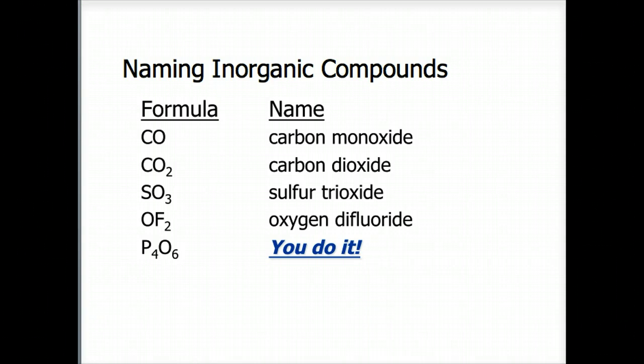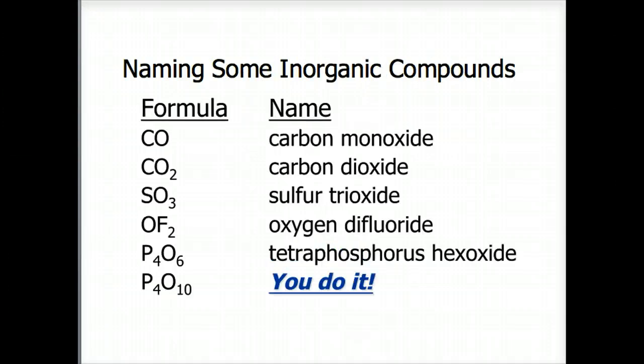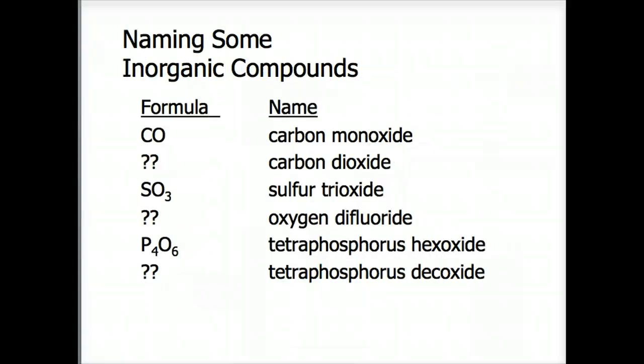Now, what about this next one? P4O6. Think about it. Yep, tetraphosphorus hexoxide. 4 phosphorus, so you get tetra, and hexoxide because there are 6 oxygens. What about the next one? That's right, tetraphosphorus decoxide.